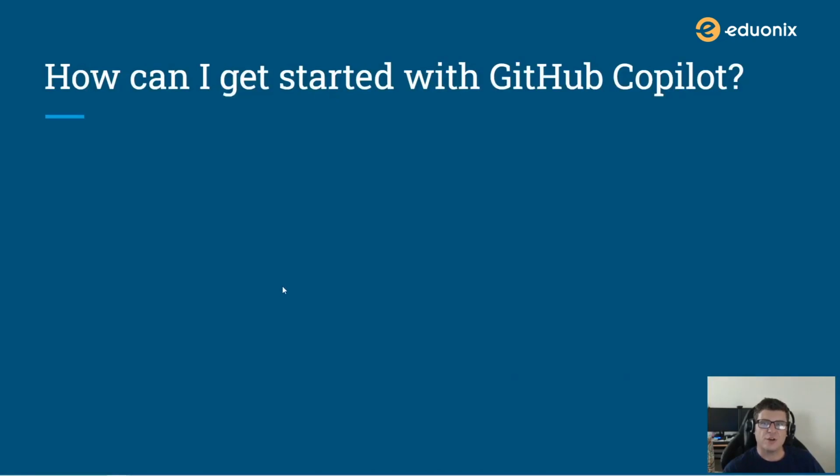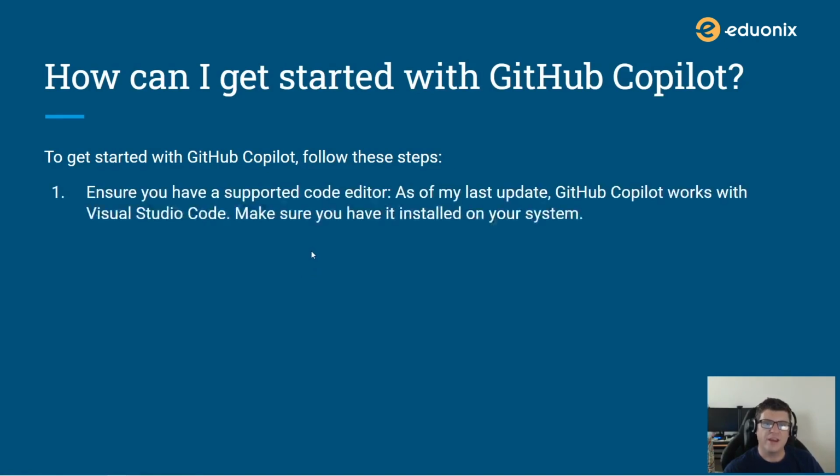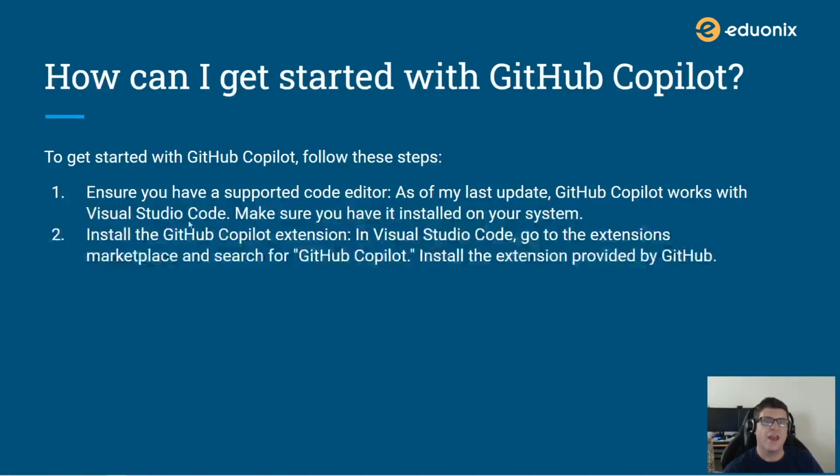So how do you get started with GitHub Copilot? Of course, our very next lesson is going to be a tutorial on how to do it, but don't worry. First, ensure that you have a supported code editor. I use VS Code, but it is available in other code editors. After that, install the GitHub Copilot extension.